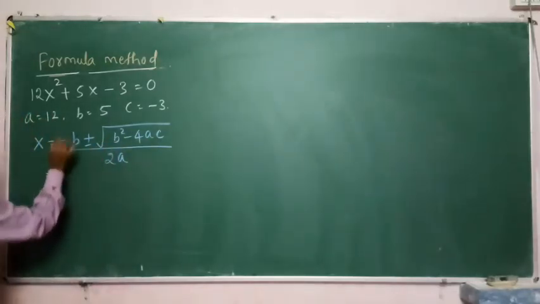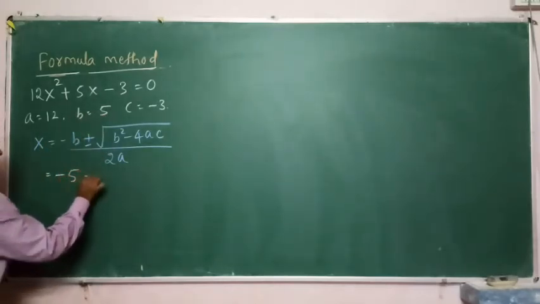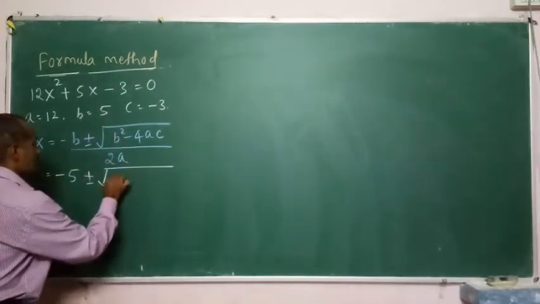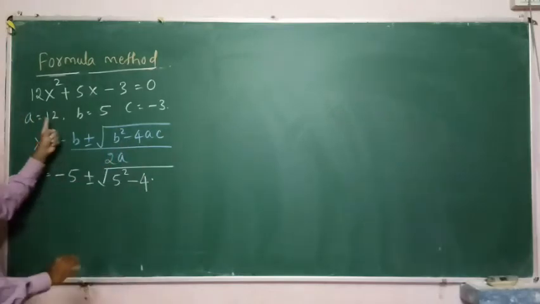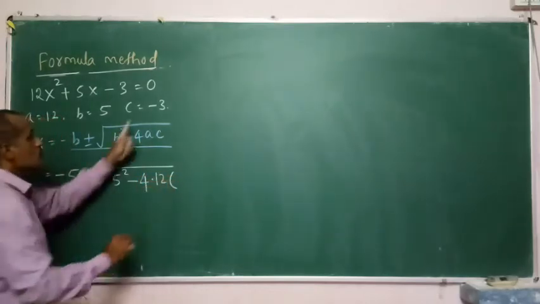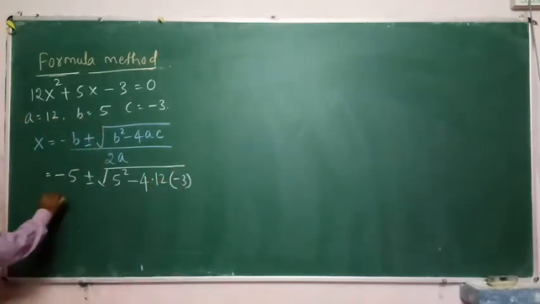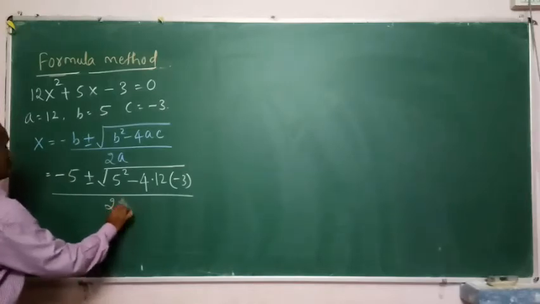Come on. Minus b, and the b value is positive: minus 5 plus or minus under root b square, which is 5 square minus 4 into a into c, that is 12 into minus 3, the whole divided by 2a, that is 2 into 12.